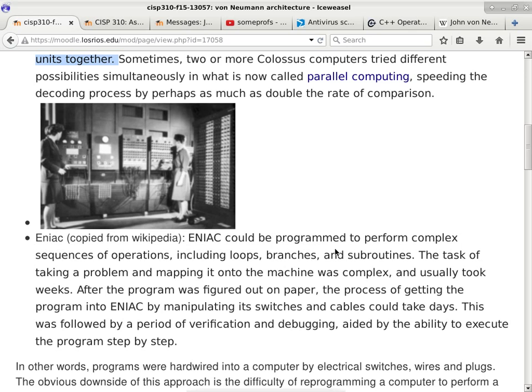The ENIAC can be programmed to perform complex sequences of operations. So it has loops, branches, and subroutines, kind of like modern day computers. But the task to take a problem and map it onto the machine was complex, and usually it will take what? Weeks.